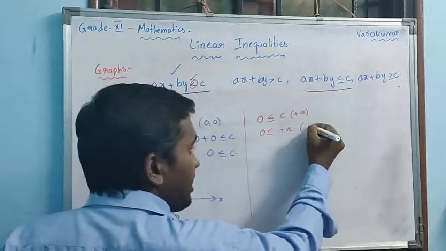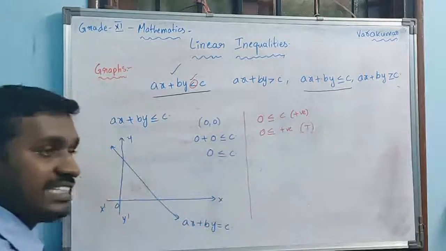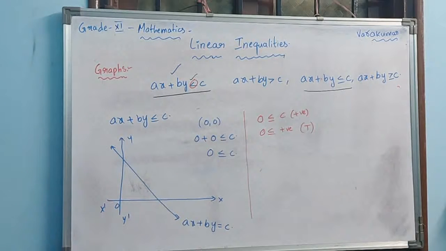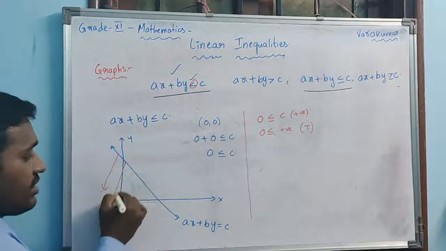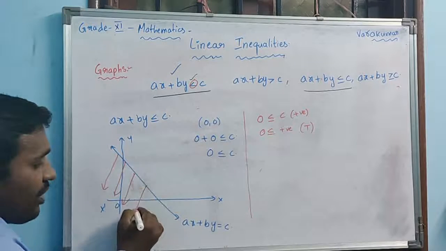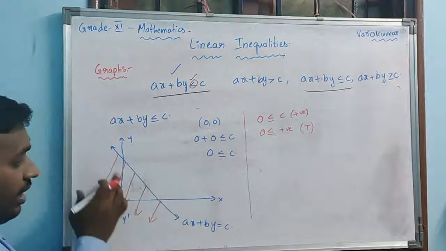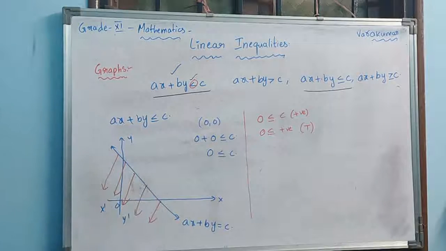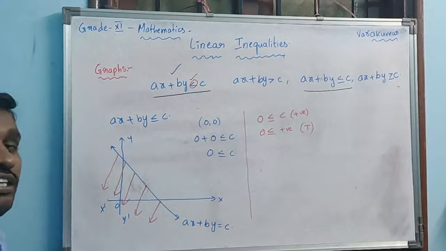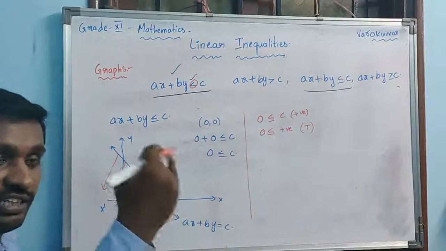So then what you can say, this is true. That case it is true. Then we will shade towards the origin. See, now when you are drawing this one, I am touching the number line, I am touching the equation, I am drawing it. But in the previous one, we are not supposed to touch and draw it.